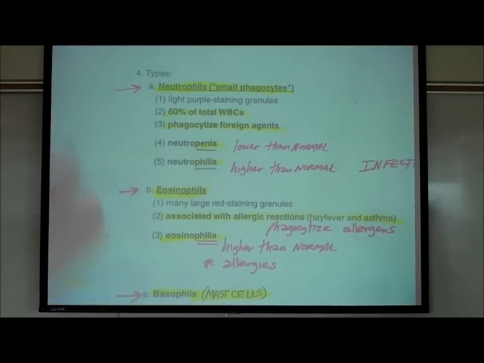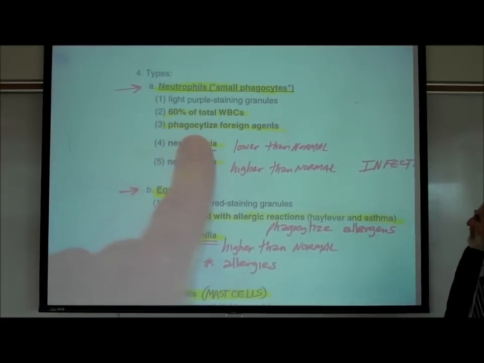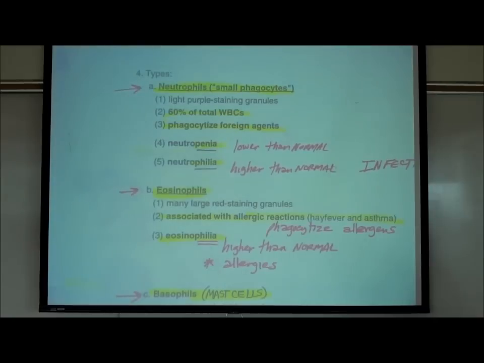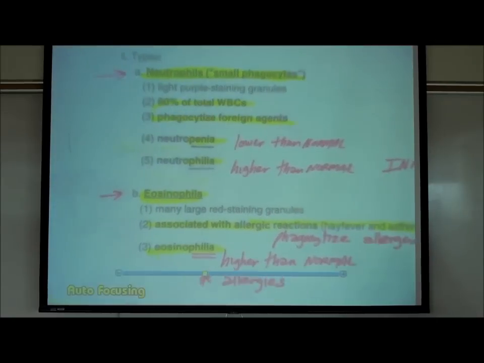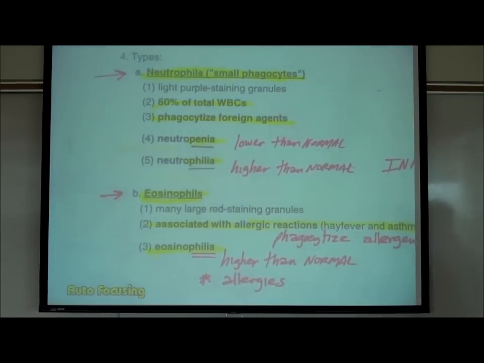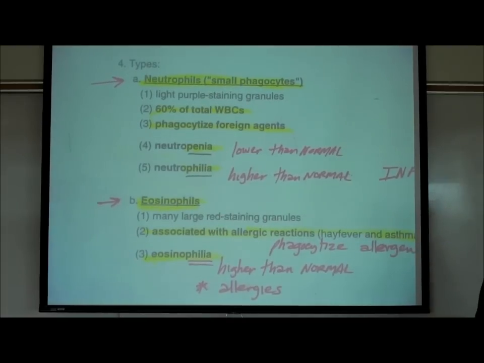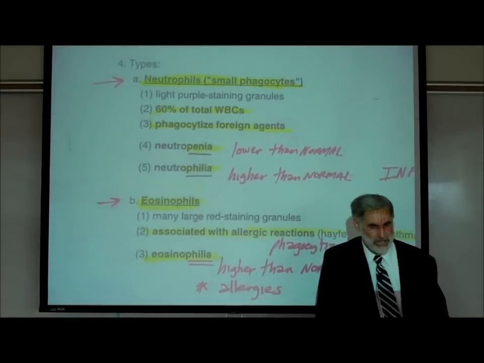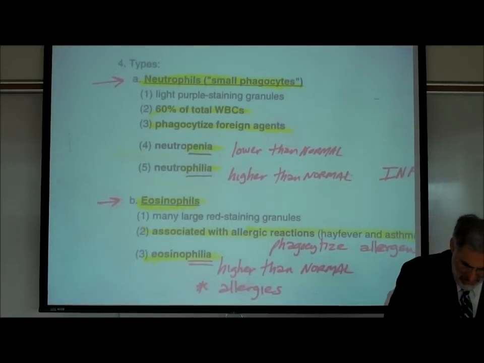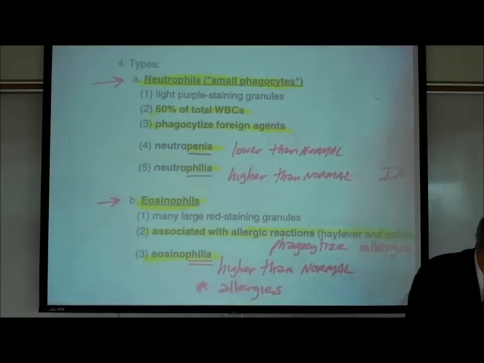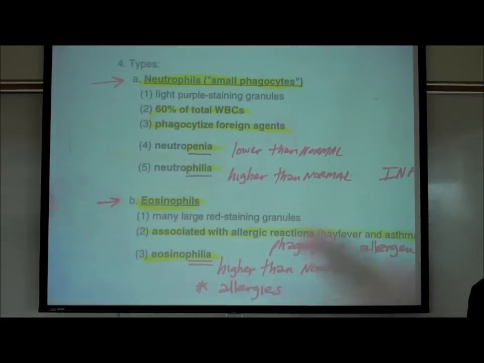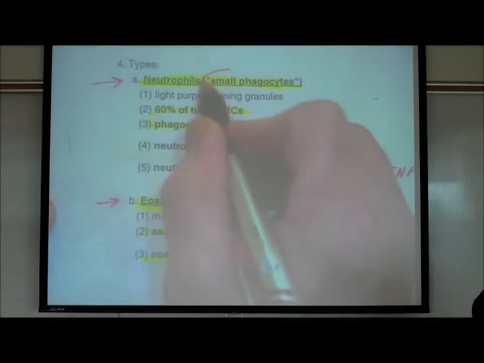Most of the polys are neutrophils. In fact, neutrophils account for 60% of all of our white blood cells. We call them the small phagocytes, because they phagocytize bad guys, especially bacteria. So they're commonly called the small phagocytes. That's what we wrote right here.